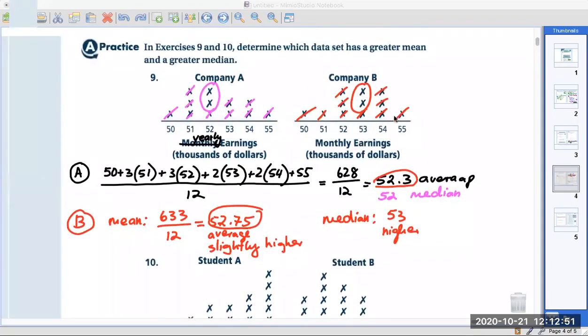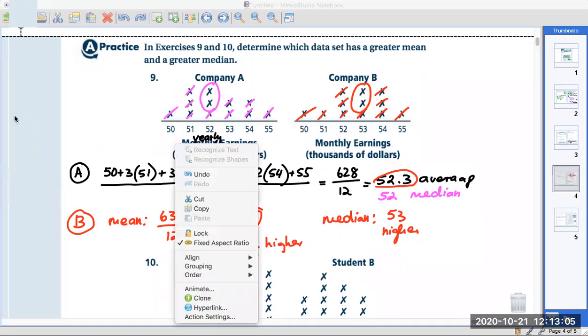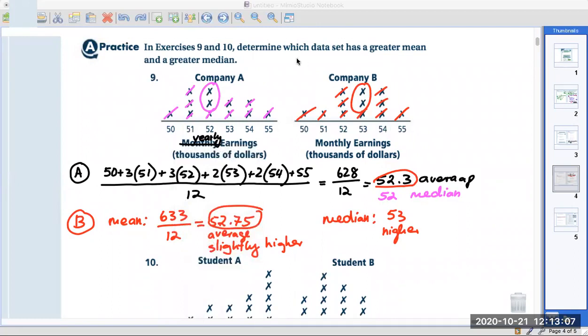Now, I'm not sure with crossing these out. I'm a little confused now. I hope this works for you guys. Otherwise, you would have to write them out in order, write out all the numbers, and then pick the middle. Let me try that just to make sure. So if I write out all these numbers, I have to go 50, 51.